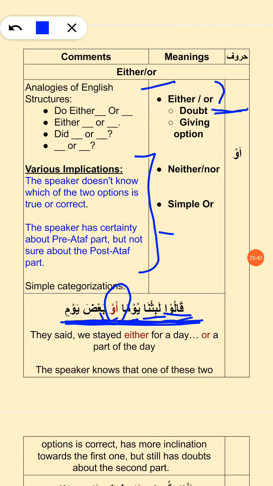The second implication is, and they do not occur together, these two implications cannot occur in a sentence together, rather they need different contexts. Another context could be that the speaker has certainty about the pre-ataf part. So he's sure about the yawman part, but not too sure about the baza yawman part. The speaker knows that one of these two options is correct, but doesn't know which one. So that's what "aw" does.